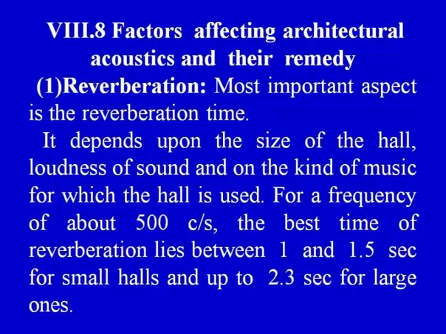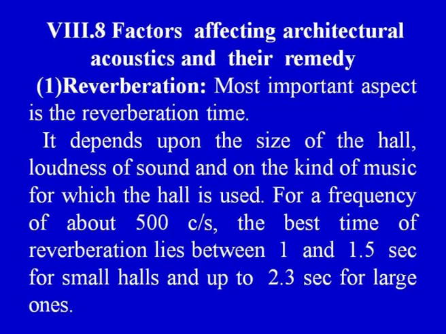Now, the factors affecting architectural acoustics and their remedy. Number 1, we have been talking about reverberation all the time. Most important aspect is the reverberation time. As we have seen, it depends upon the size of the hall, loudness of the sound, and on the kind of music for which the hall is used. For a frequency of about 500 cycles per second, the best times, as we have said, are between 1 to 1.5 seconds for small halls, and it can go up to 2.3 seconds for large ones.